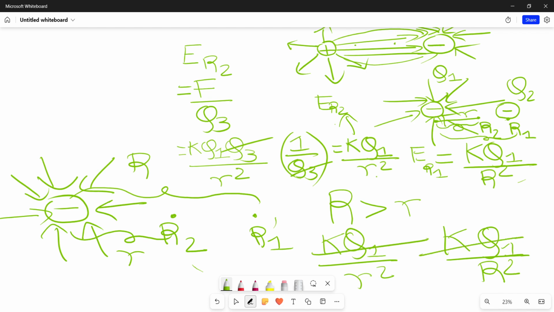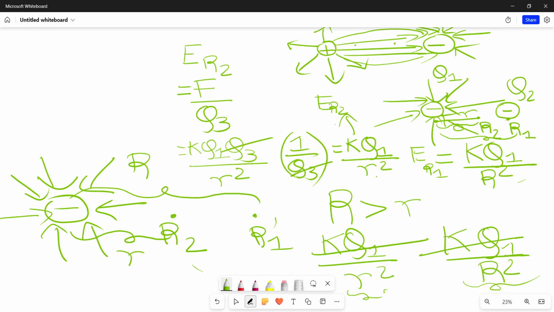But small r is smaller. The denominator, right? Considering r to be smaller, the denominator is smaller as compared to a bigger denominator, since capital R is greater than small r. So if the denominator is smaller, the E field or this quantity will evaluate out at a much greater magnitude, right?